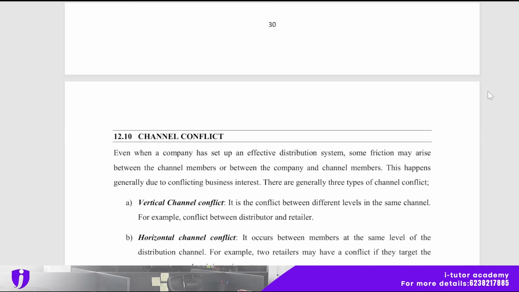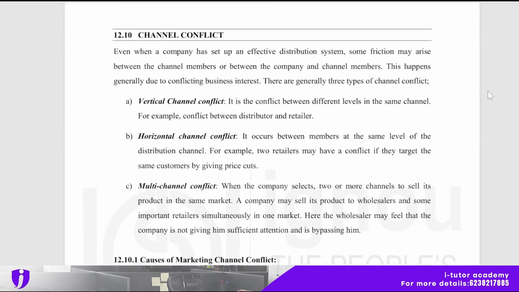And next is channel conflict. Even when a company has set up an effective distribution system, some friction may arise between the channel members or between the company and channel members. This happens generally due to conflicting business interests. There are generally three types of channel conflict: vertical channel conflict, horizontal channel conflict and multi-channel conflict.